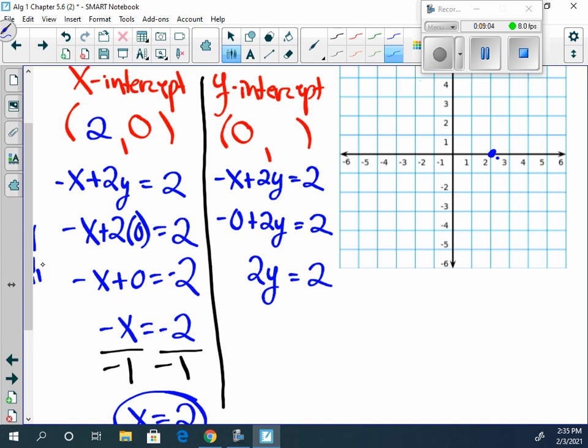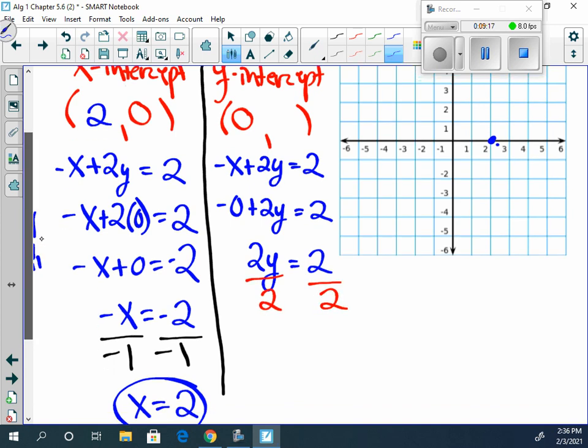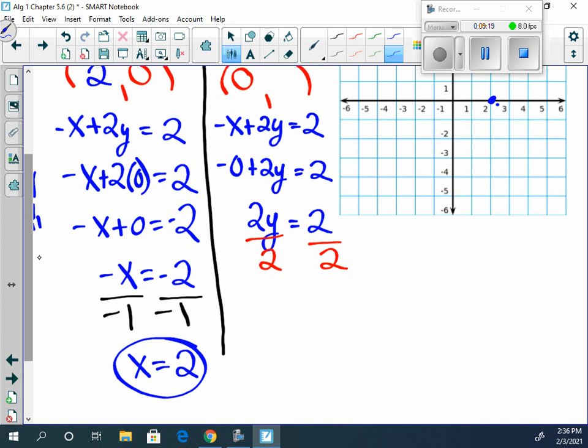Okay. What do we need to do next? We would divide both sides by 2. We're doing this because 2y divided by 2, 2 divided by 2 is 1.